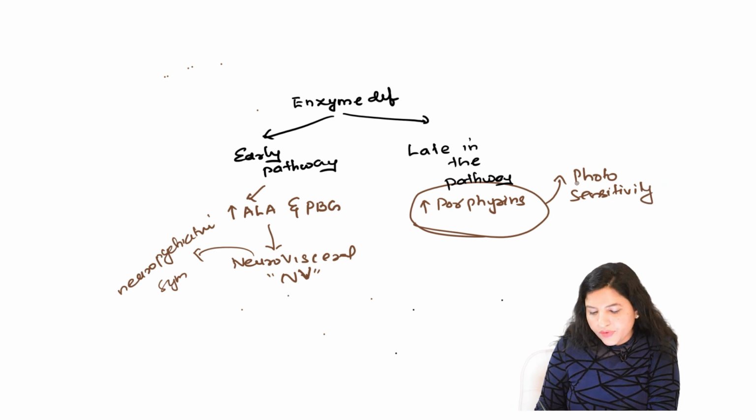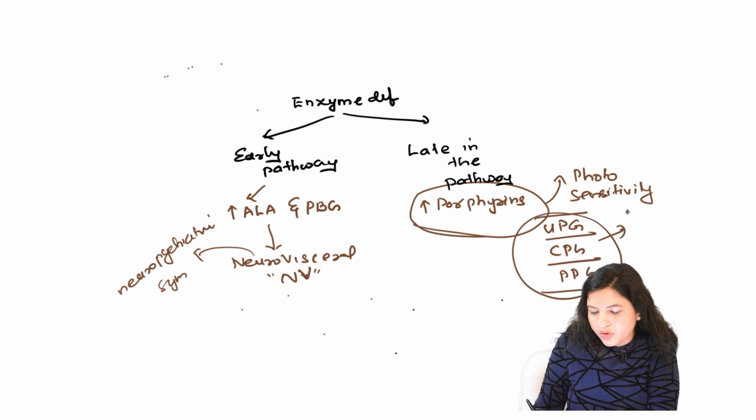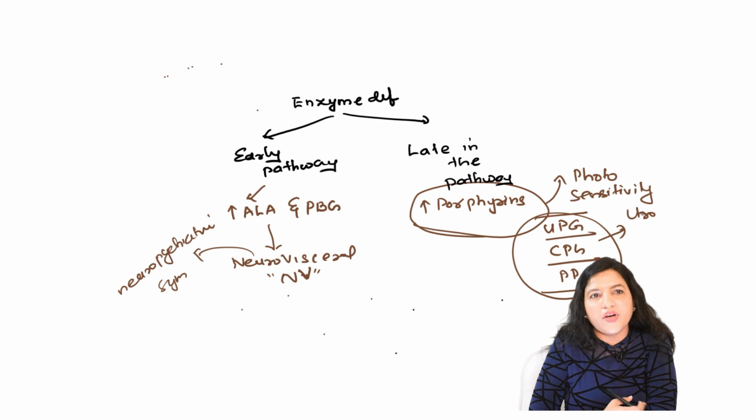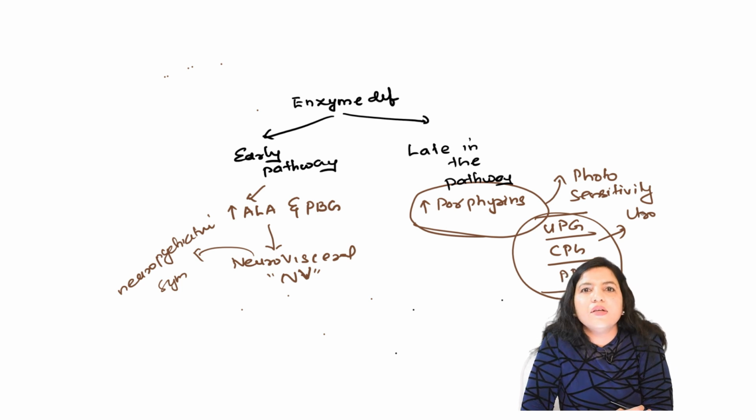In the porphyrin, we know that the porphyrin comes from the UPG, uroporphyrinogen, coproporphyrinogen, and the protoporphyrinogen, which can be converted to the corresponding porphyrins, which are uroporphyrin, coproporphyrin, as well as protoporphyrin.